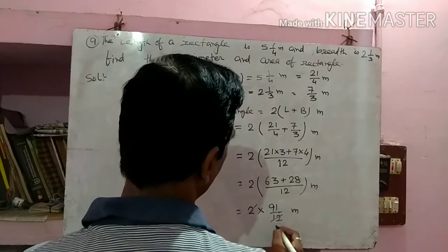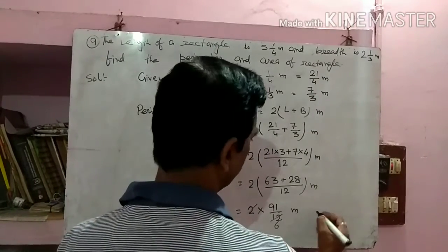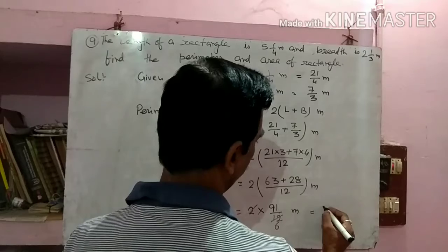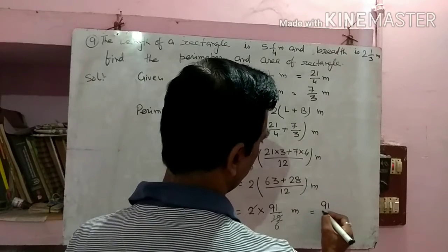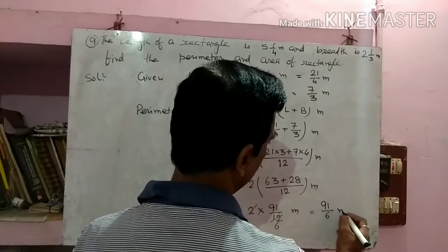You can divide these two, it becomes 6. It means the exact value in the form of improper fraction is 91 by 6 meter.